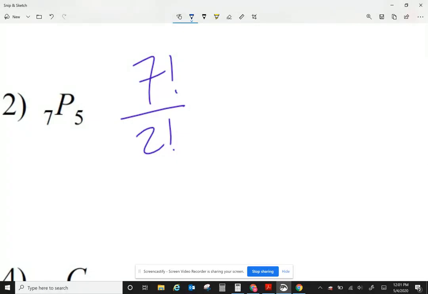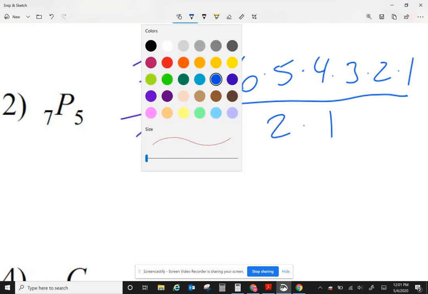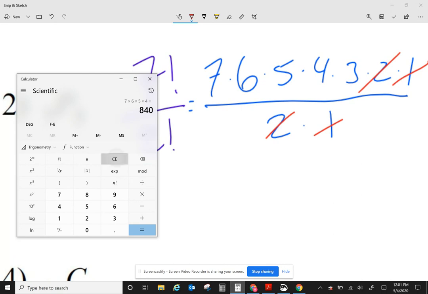On the top, I have 7 times 6 times 5 times 4 times 3 times 2 times 1. At the bottom, 2 factorial, that's 2 times 1. Let me cancel the 2's. Let me cancel the 1's. So on the top, I have 7 times 6 times 5 times 4 times 3.